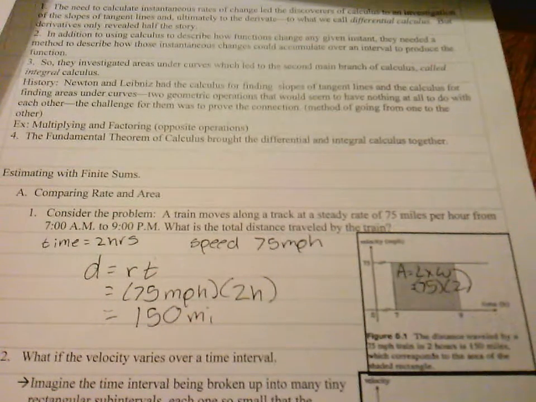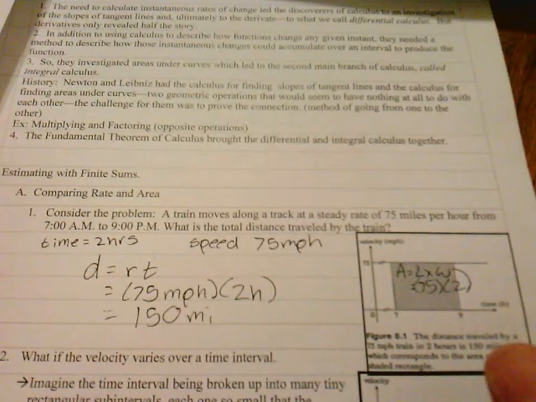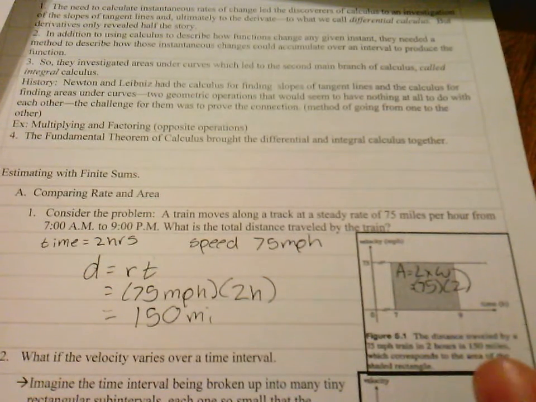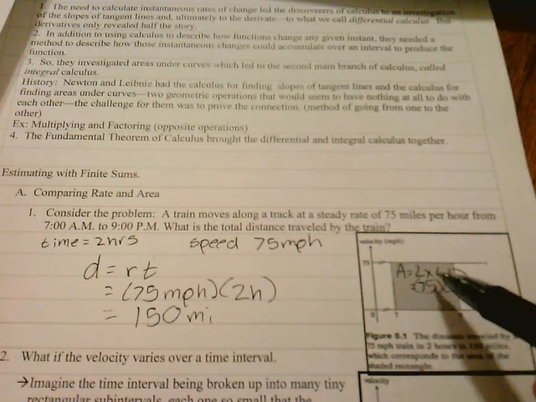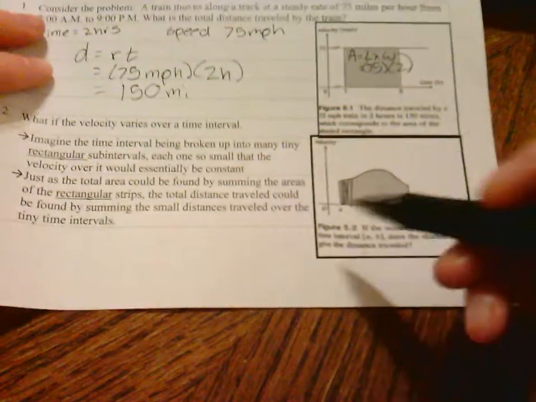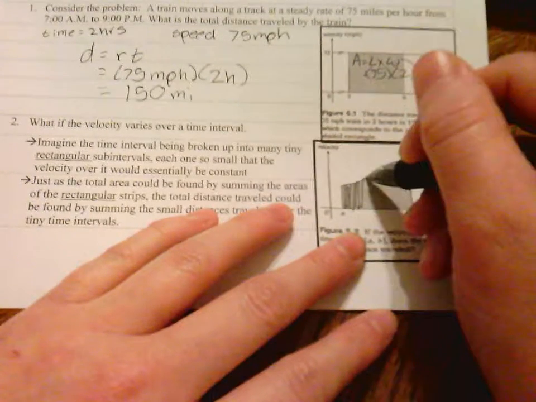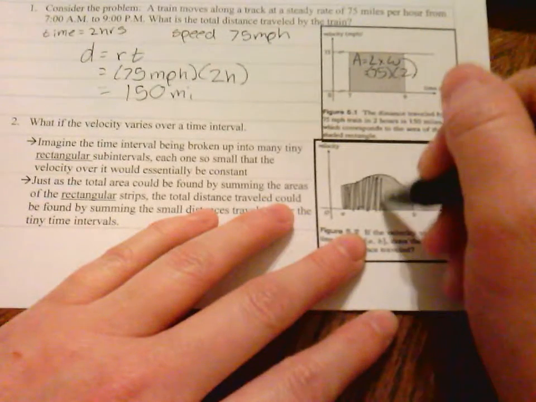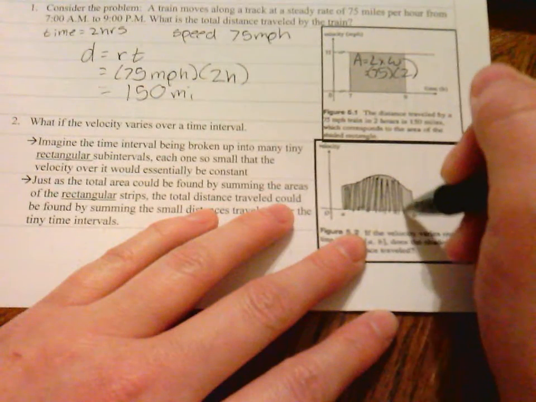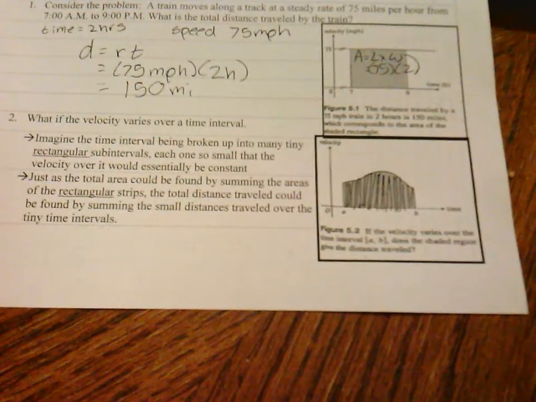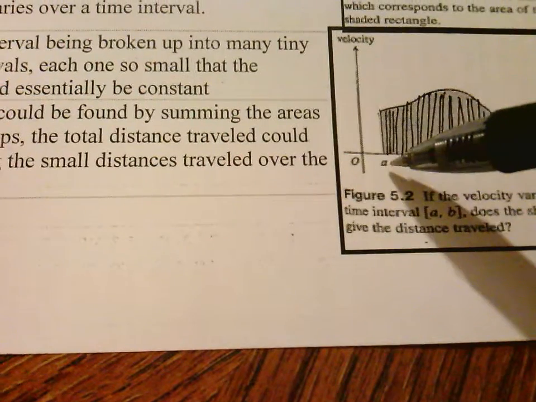So imagine you make a lot of itty-bitty little rectangles. Just like this is a rectangle, you're looking down here, and you're making little length times width, length times width, length times width. They're itty-bitty, they can go an infinite amount. So a lot of subintervals, and in one of these subintervals you're going to have a length times a width.